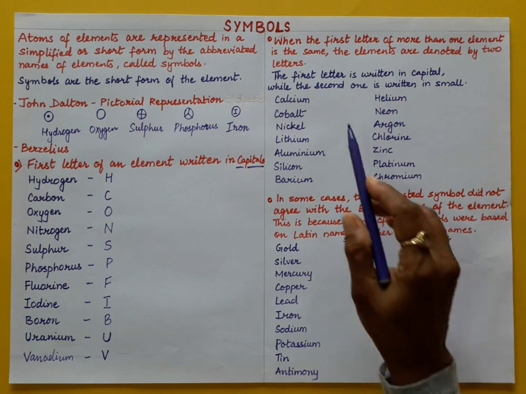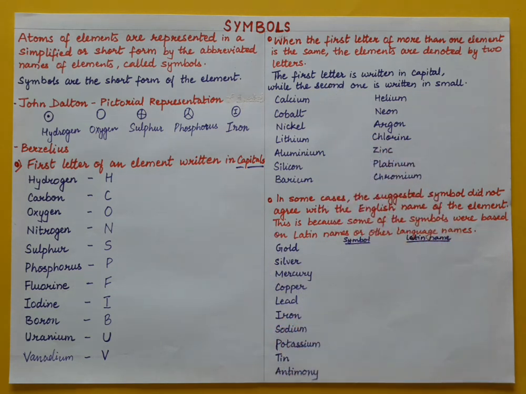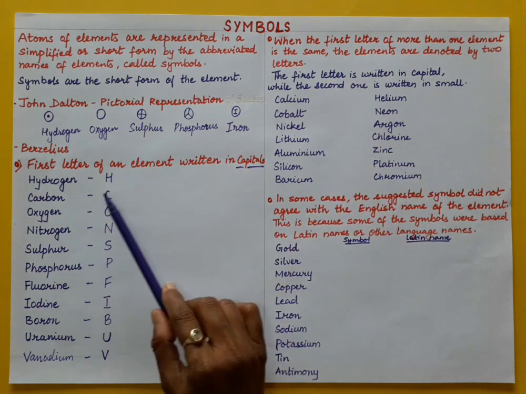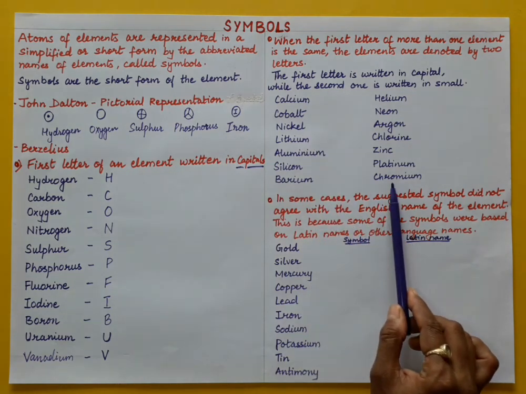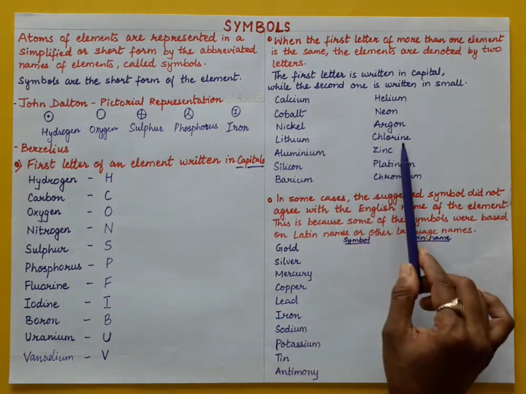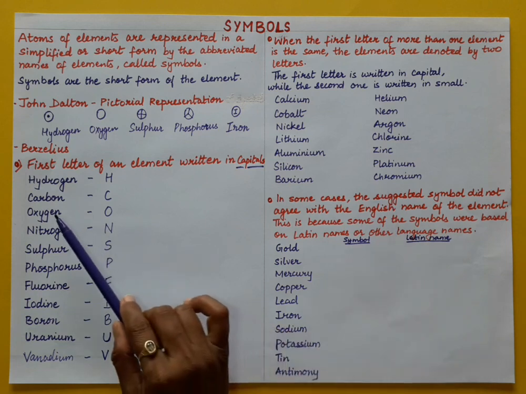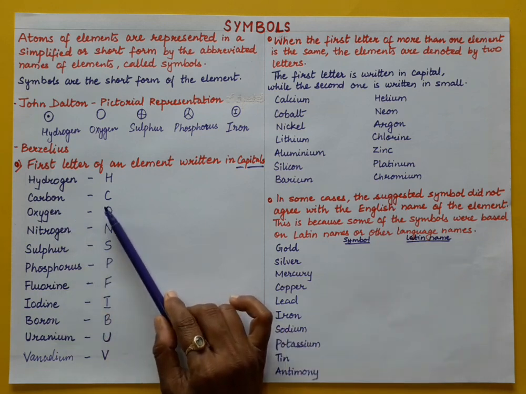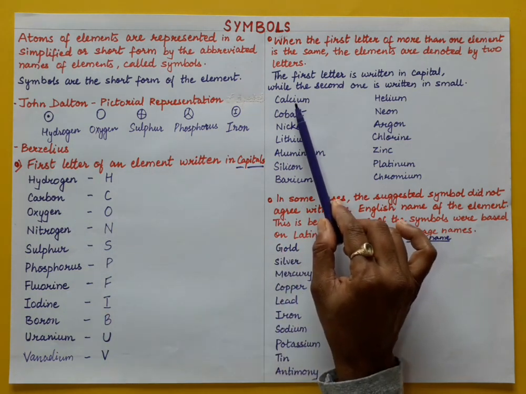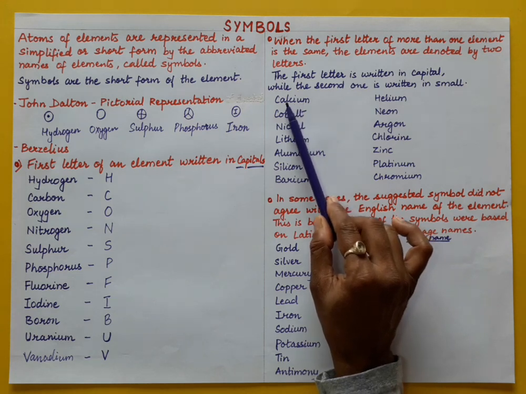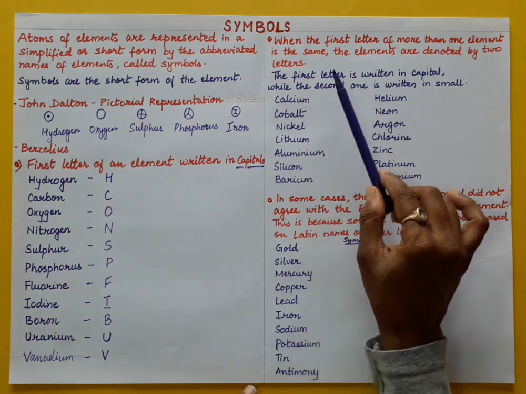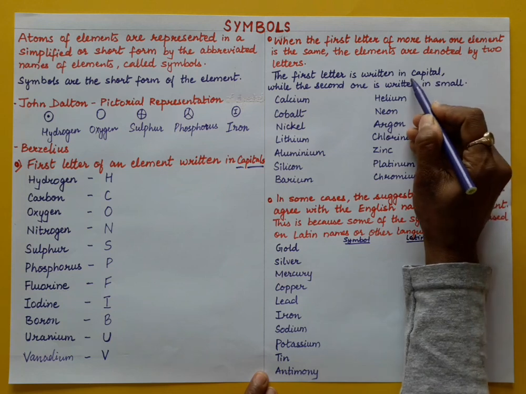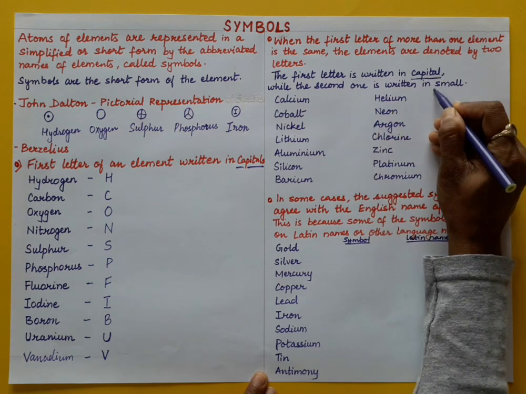Then he suggested that, suppose they got calcium. Already for calcium, carbon, chromium, chlorine, several elements, all start with C. But carbon was already given capital C. So they thought of taking the first two letters of the element as a symbol. The first letter is written in capital and the second letter is written in small.